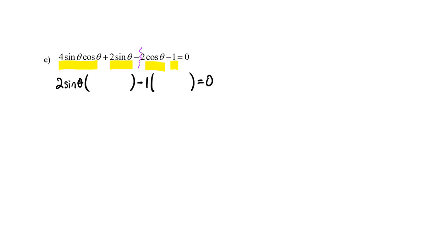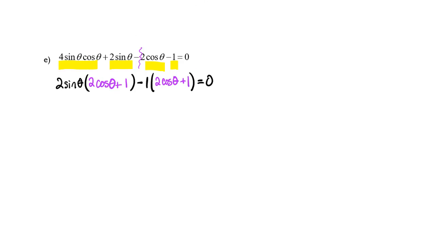Now I need to figure out what's going to be left inside. And that gives me a 2 cosine theta plus 1 in the first grouping. And in the second grouping, I have 2 cosine theta plus 1.